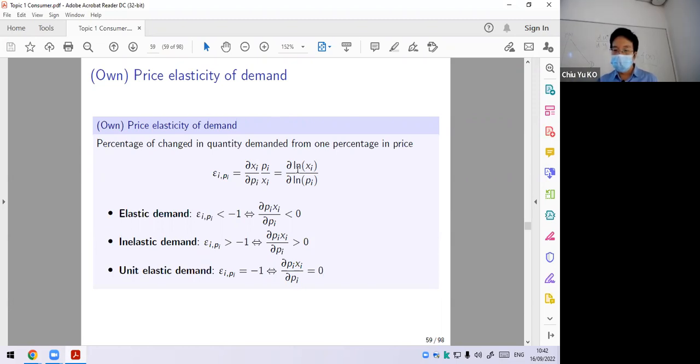It is how the percentage change in price affects your demand, which means that for a 1% change in the price, how it affects consumption. And for those who want to do empirical work, this is actually a very convenient expression. Because how can you find the elasticity?